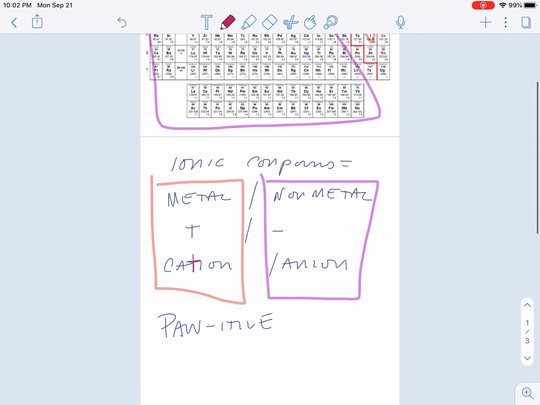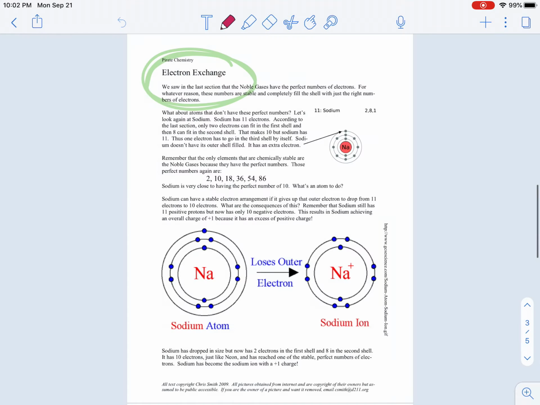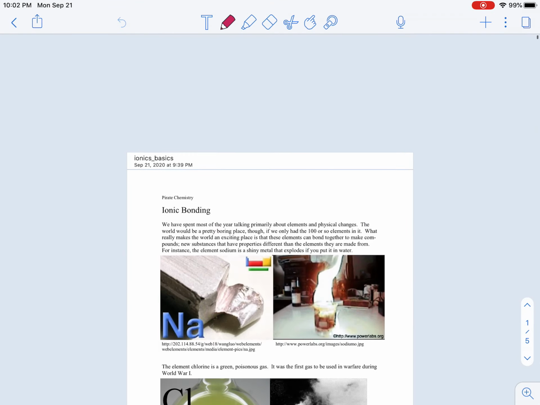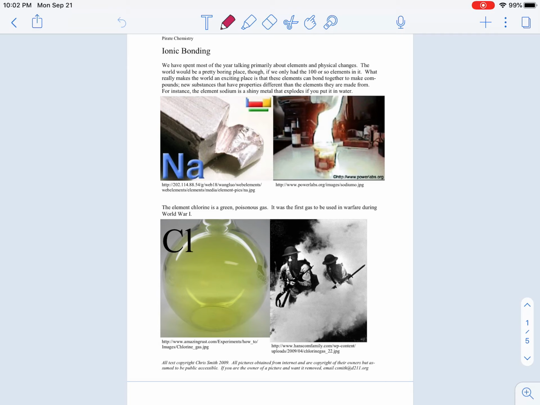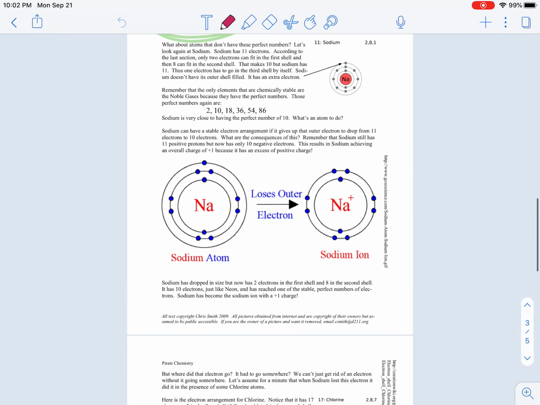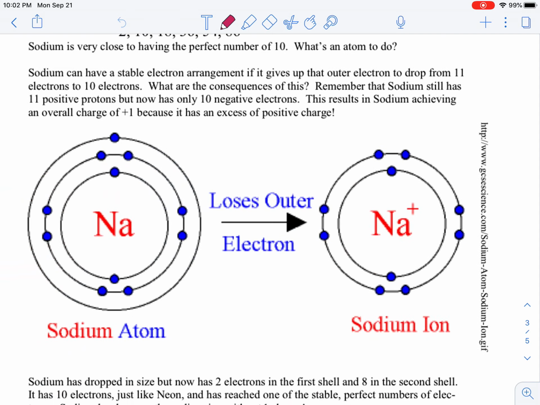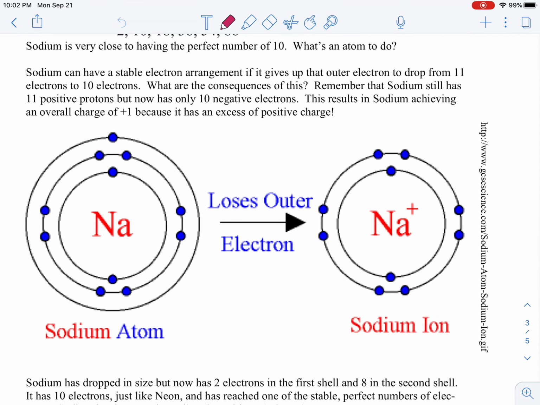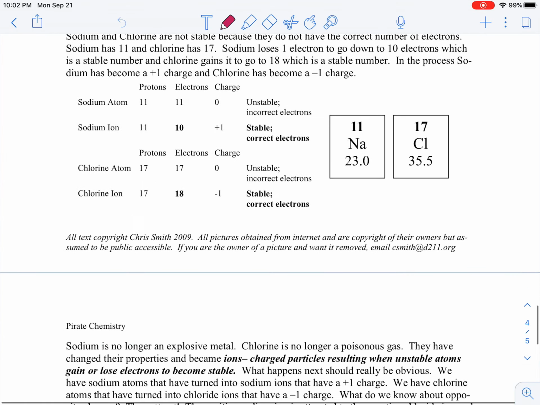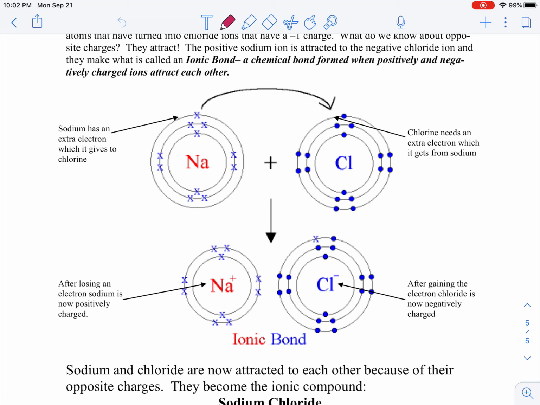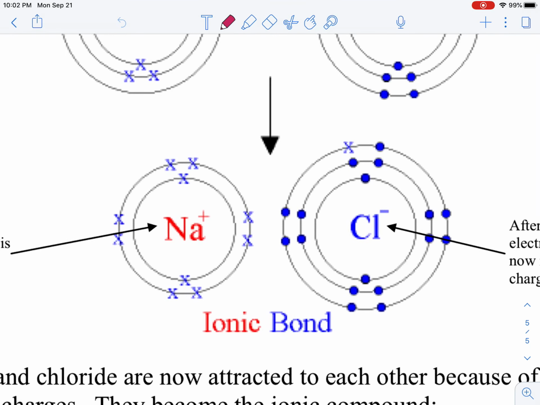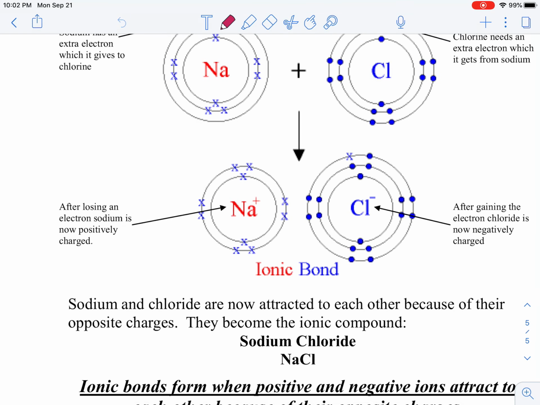Okay. So if we're going to review the basics, ionic compounds take two or more elements and chemically combine them through a process where you gain or lose electrons. You go from an unstable neutral charge to a stable charge, and then once you have two atoms with charges, or two ions, they can chemically combine and form an ionic bond.